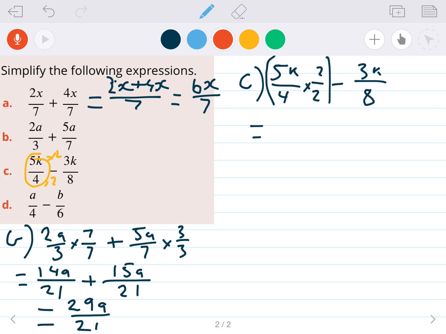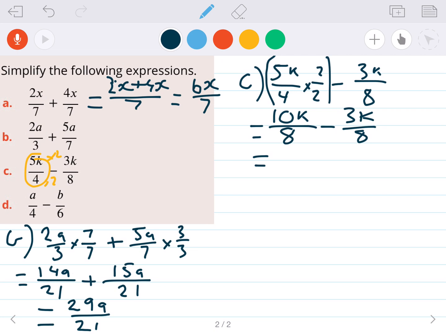So with this, we've got 5k times 2, that gives us 10k, and then 4 times 2, that's 8, minus 3k on 8. So these are like terms, 10k and 3k, so we can minus them.